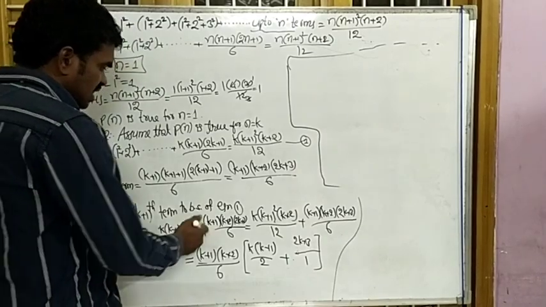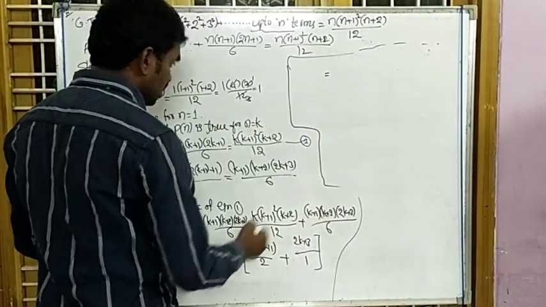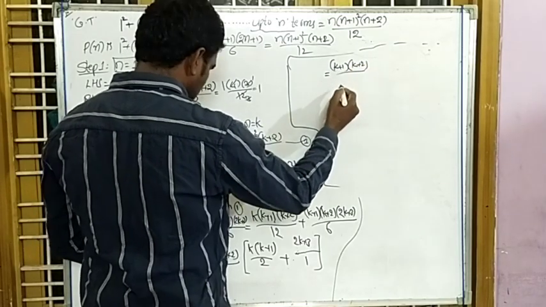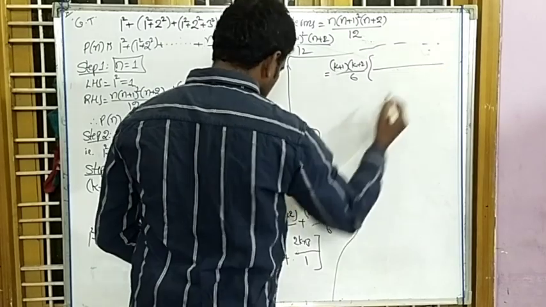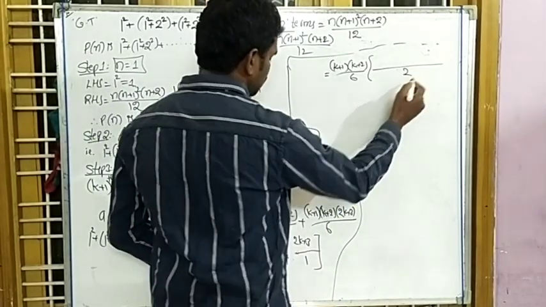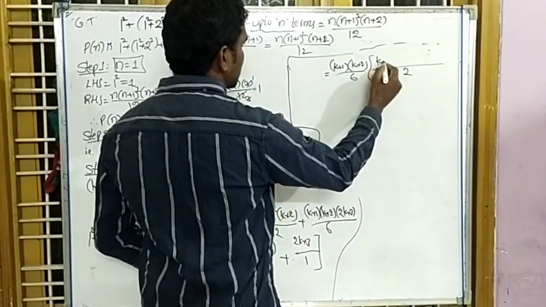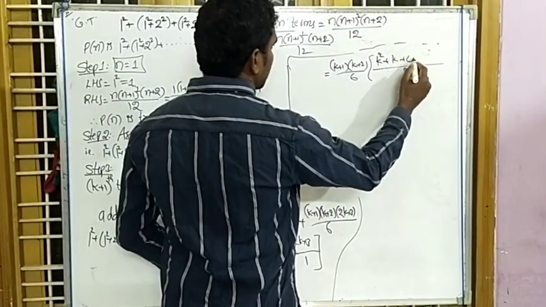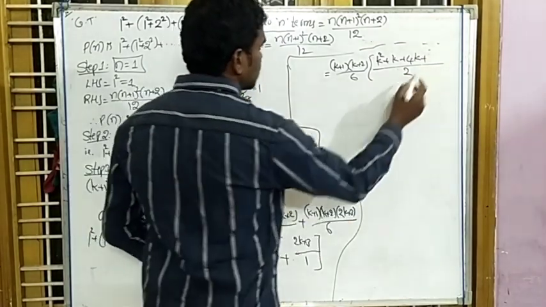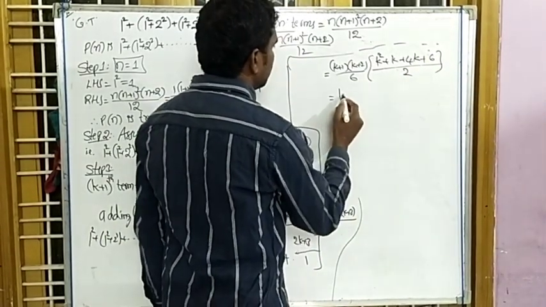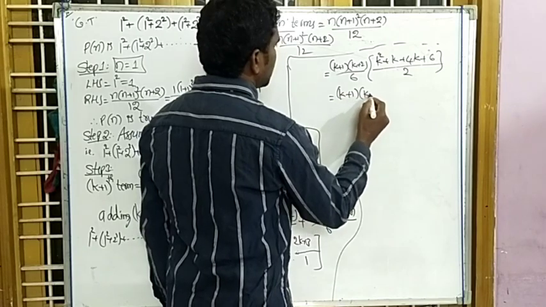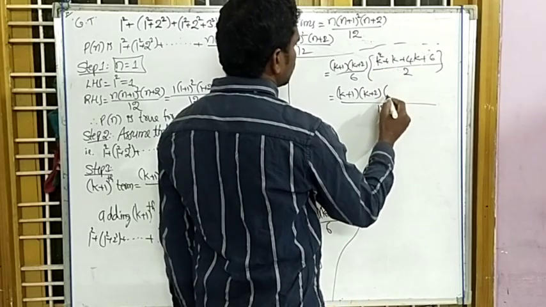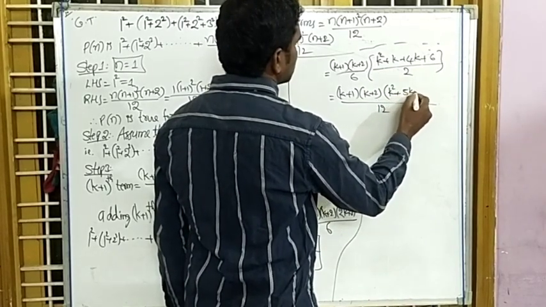So the left-hand side is there, just giving some space, and k plus 1 into k plus 2 as it is, by 6 also as it is, and here cross multiplication. So 1 into k plus 1 becomes k square plus k, and here 2 into 2k is 4k, plus 2 into 3 is 6, which is equal to k plus 1 into k plus 2 into 6 into 2 is 12, and here k square plus 5k plus 6.